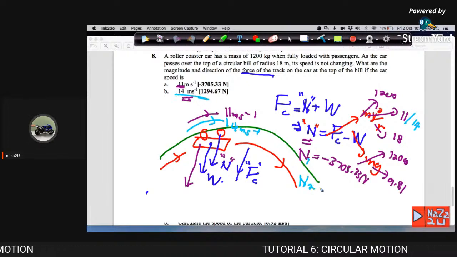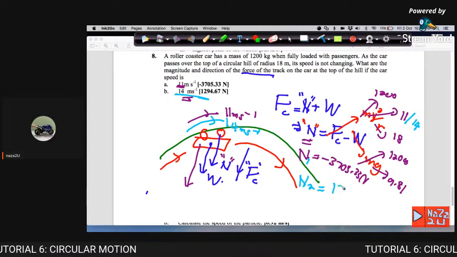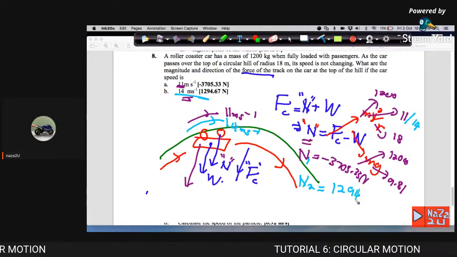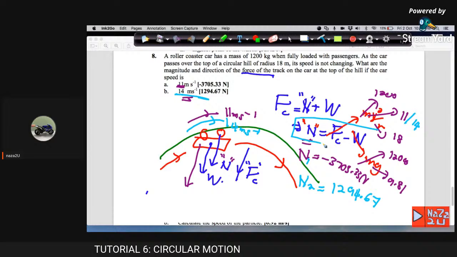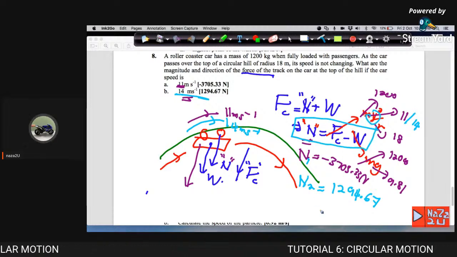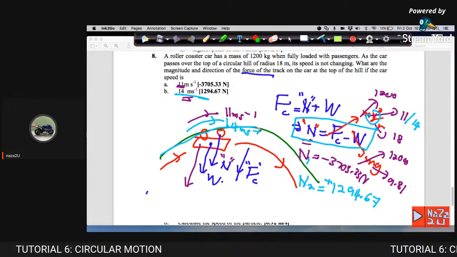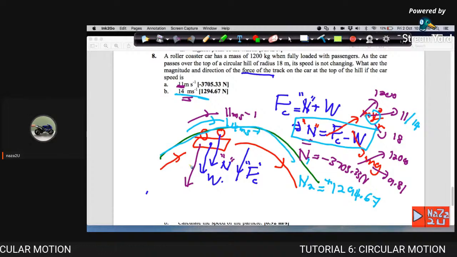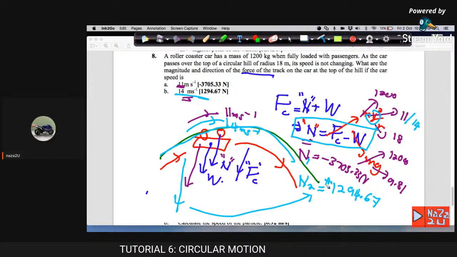If you calculate, you can find the N here is equal to positive 1294.67. Okay, rumus yang sama juga. Cuma v saja yang berbeza. So kita dapat nilai positif. Positif merujuk kepada apa? Kereta ni kekal akan melalui lintasan ini, tapi dia tidak jatuh ke bawah. Merujuk kepada N ni bernilai positif.